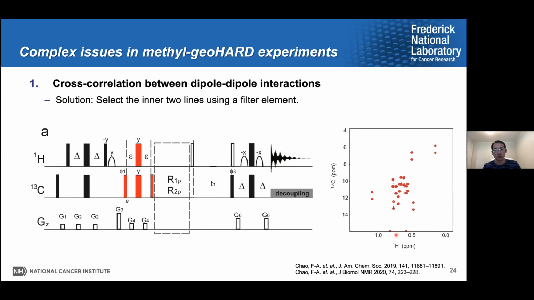So we use this filter element, which was originally proposed by Kay's group, used in methyl RDC. But we apply that to our system, our dispersion experiment. So if we have this filter and take out the proton pi pulse during chemical shift evolution, then you can get this spectrum, which basically tells us we successfully select the middle 2 lines.